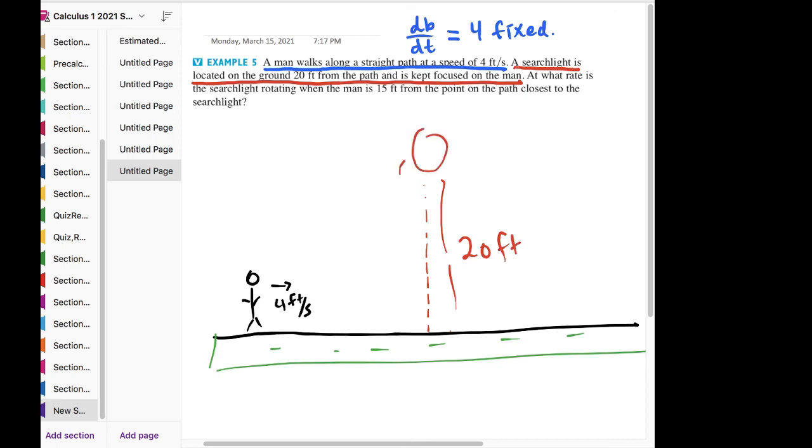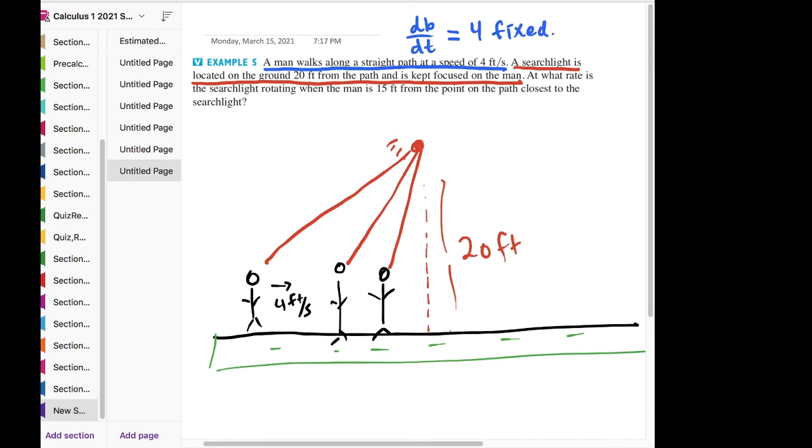Yeah, let's make it a smaller searchlight. And as the man is walking through time, it's keeping focused on the man. Okay, everyone agree that that picture emulates that sentence? So this is in time, right? So there's a motion here. And this is rotating. Questions about that one? Just the picture?